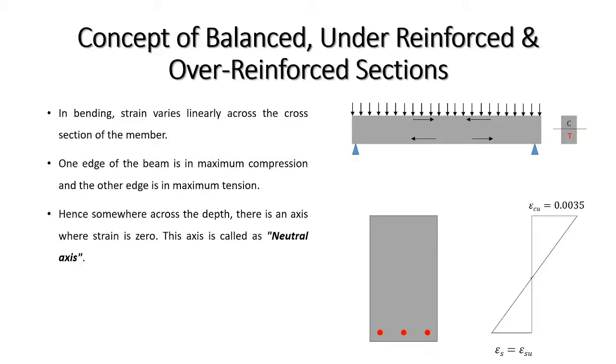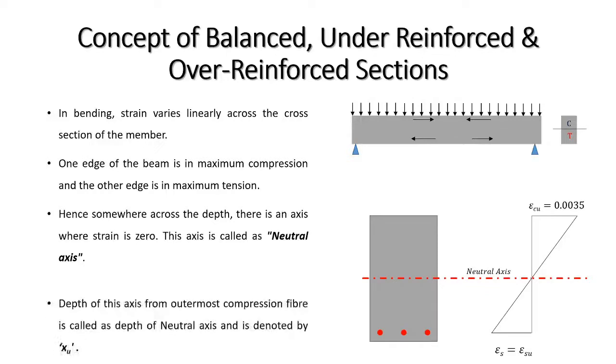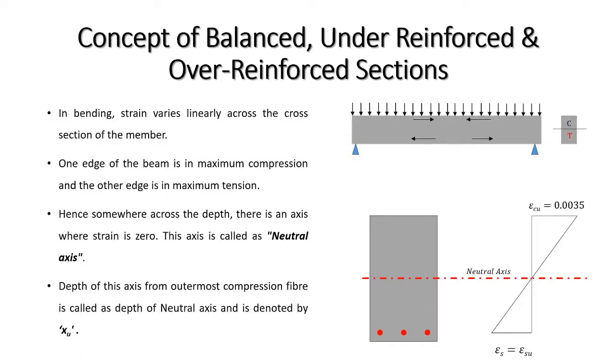So this particular point is called the neutral point, and the axis passing through this point is called the neutral axis. The depth of this neutral axis, or the perpendicular distance between the extreme compression fiber and the neutral axis, is called the depth of neutral axis, and this depth of neutral axis is represented by xu.